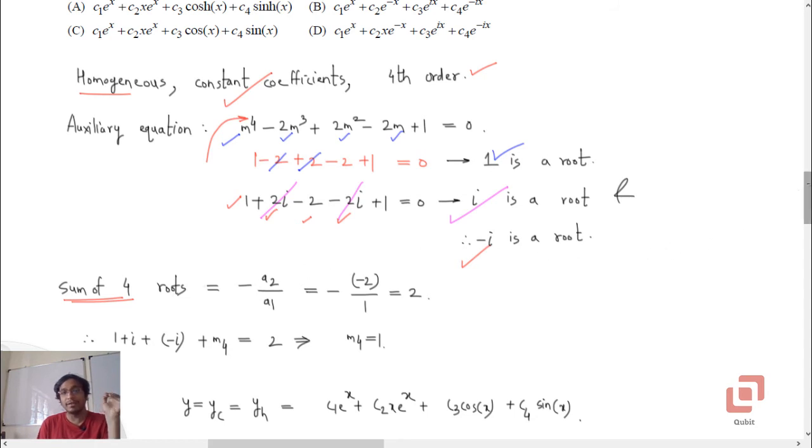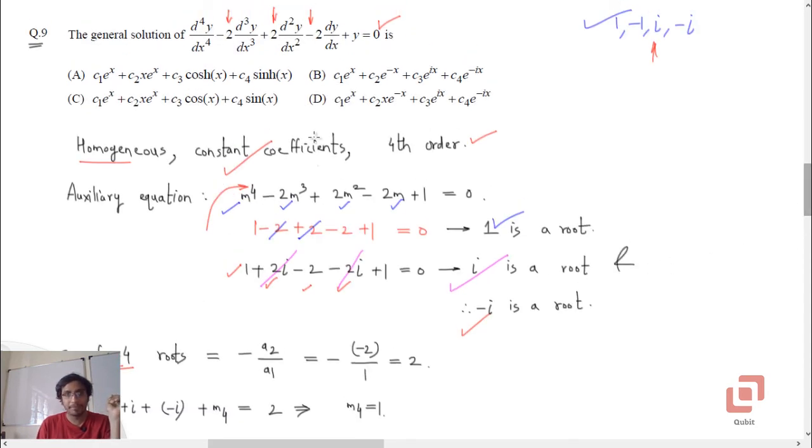It is always the coefficient of the second largest power of the variable divided by the coefficient of the largest power, into minus 1. If you have a quadratic equation, how do you find the sum of the roots? Negative b upon a. Same thing we'll be doing here.